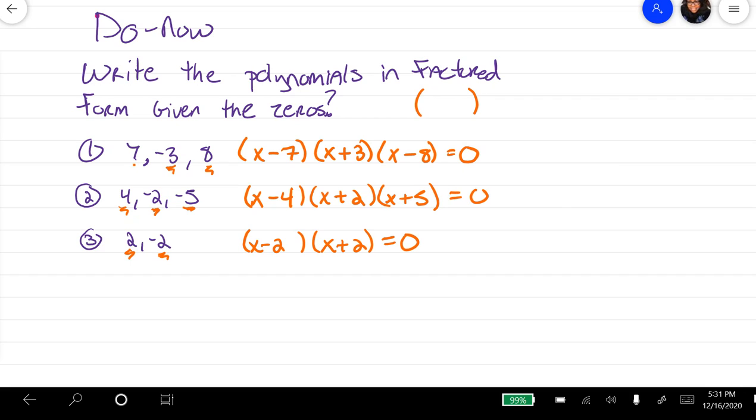The reason when we write it in binomial or factored form it's the opposite goes back to when we were solving the quadratics. Once we got it down to its factored form, let's say we had something like x minus 7, x plus 8 equals 0, in order to solve it, we set the separate binomials equal to 0.